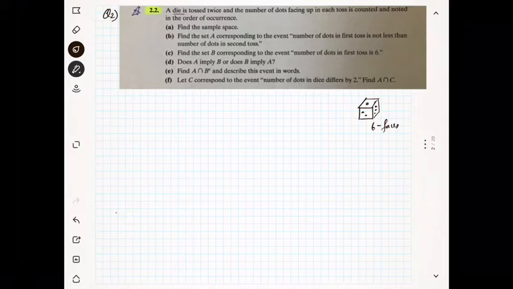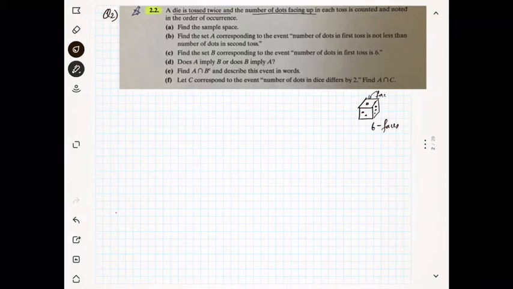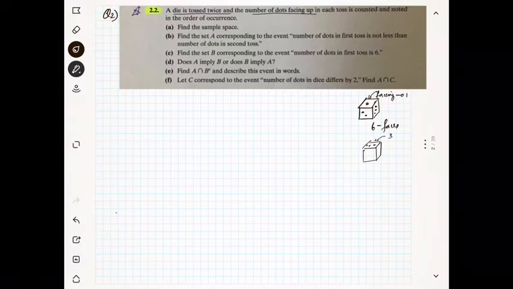You are tossing a die and counting the number of dots facing up. When this face is up, the number is 1 here. Sometimes it may face like this, and the number facing up is 3. So it is counted. The die is tossed 2 times.